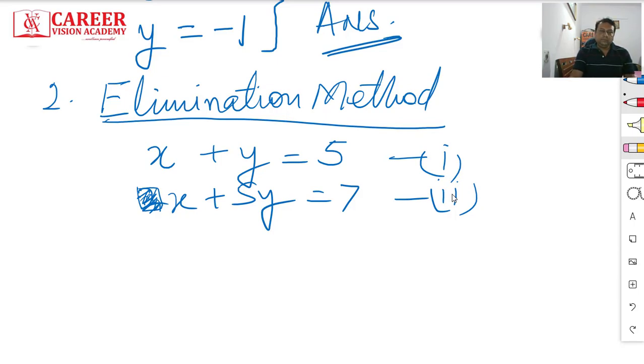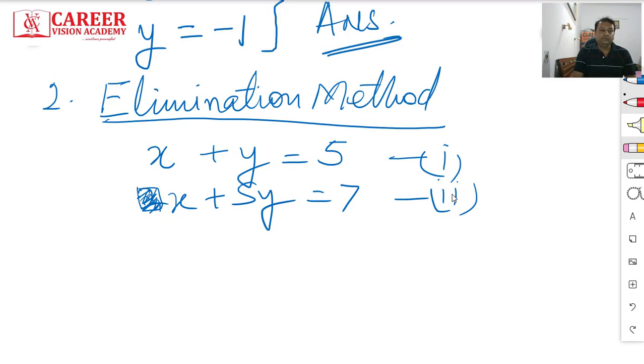Now, what shall I do in the elimination method to get the value of the variables? Eliminate means to remove. Now there are two equations, as we can see here. I want to eliminate x. I want to remove x. If you remove x from both the equations, you will get the value of y. But how to remove?